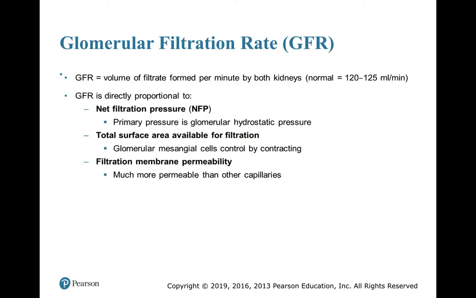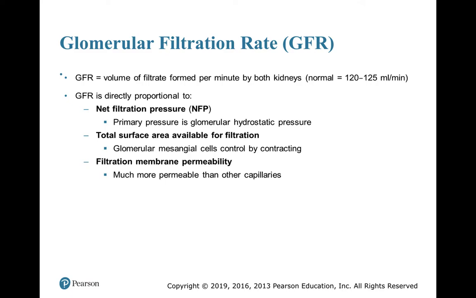Glomerular filtration rate is the volume of filtrate formed per minute by both kidneys, and normally that should be about 120 to 125 milliliters per minute. It is directly proportional to the net filtration pressure, the primary pressure being the glomerular hydrostatic pressure we just went over.